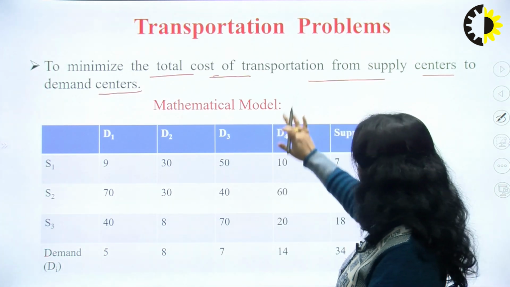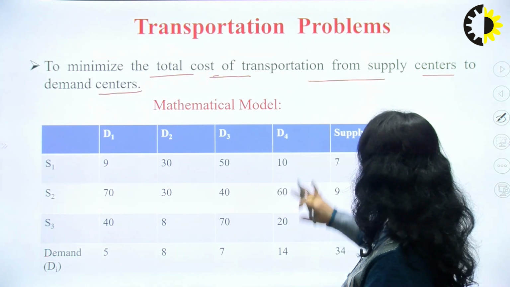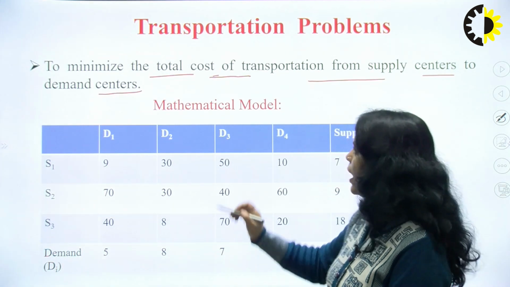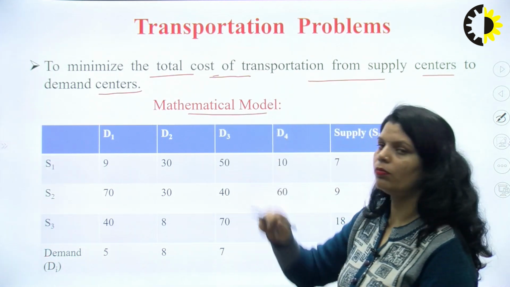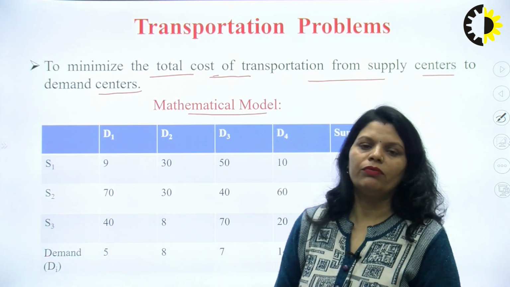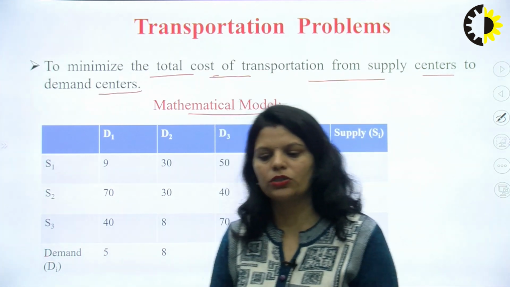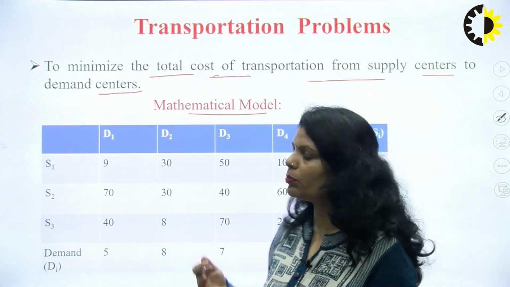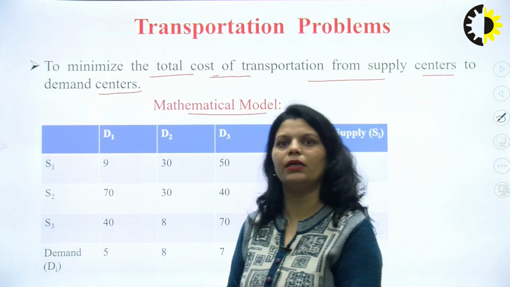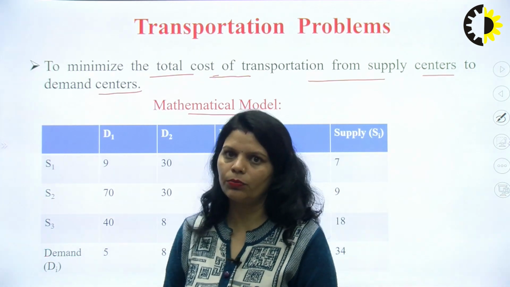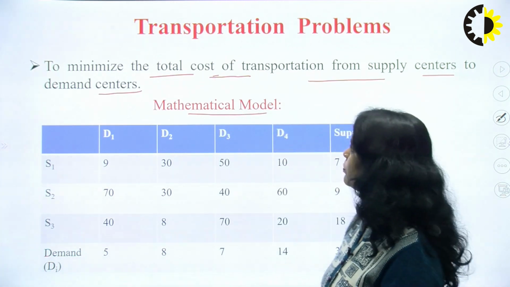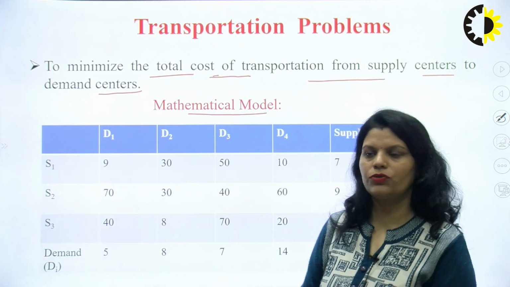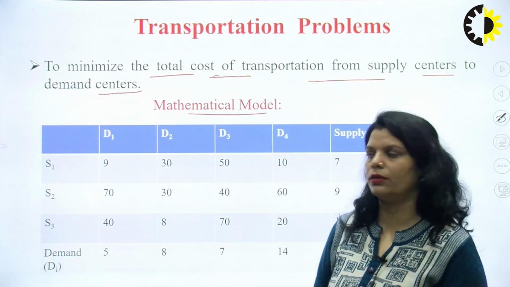We define this transportation problem as a matrix, which is known as the mathematical model. When we solve the transportation problem, we may have the problem in terms of descriptive statements, and then we have to formulate it. When we formulate the problem, we convert it into the form of a matrix, which is known as the transportation matrix.